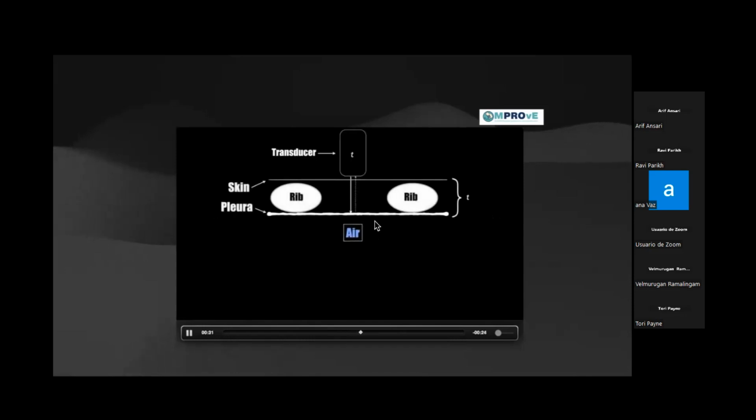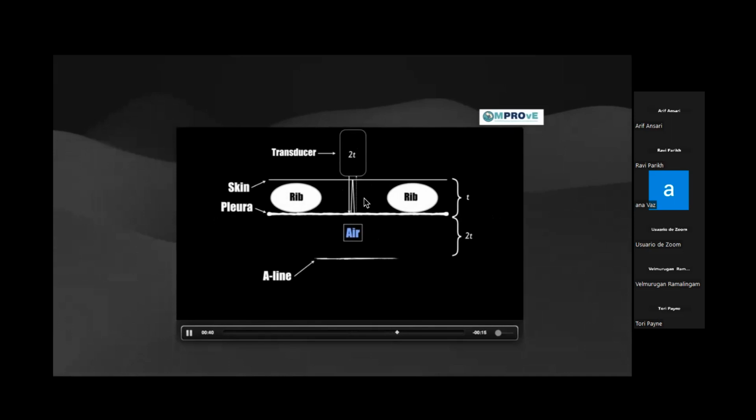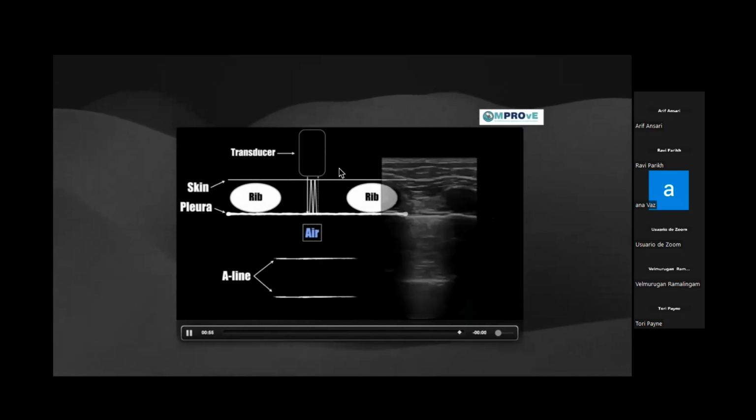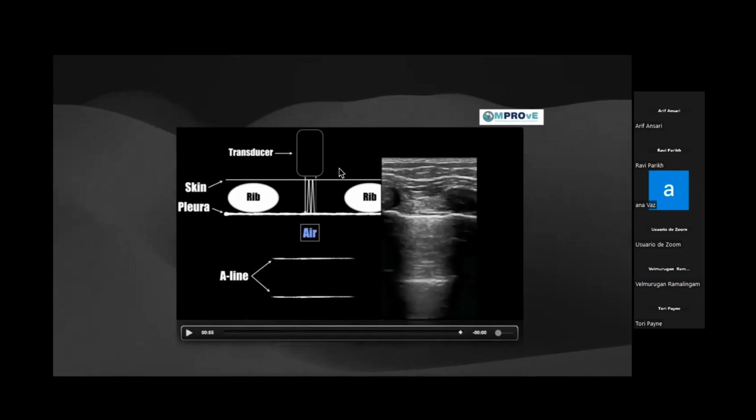Say that T is the transducer here, and it takes a T amount of time to hit the pleural line. Whatever that time is, it will create an A line, which you'll see on your image or your scanner. The following ultrasonic waves will reflect off the transducer, come back to the pleural line and go back to the transducer. So it will take twice the T time.